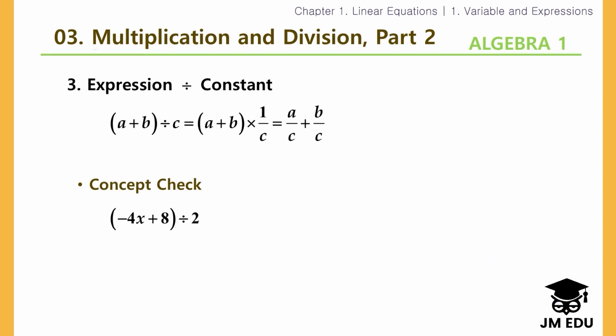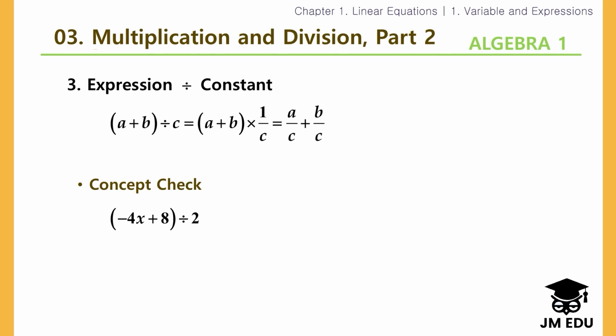Number 3, we have an expression divided by a constant, right? When we have division, the first thing we always have to do is convert this division to multiplication, and this term right here, c, becomes 1 over c, the reciprocal, right?